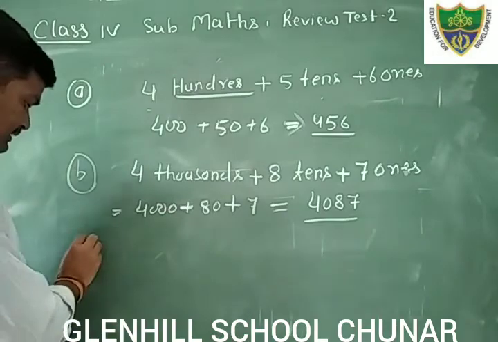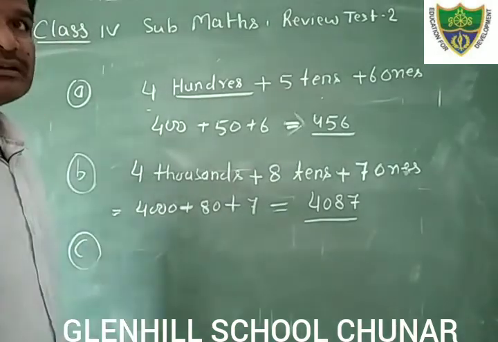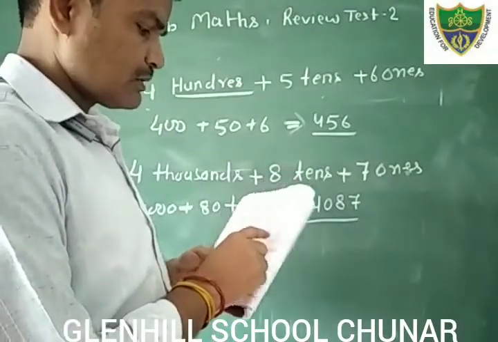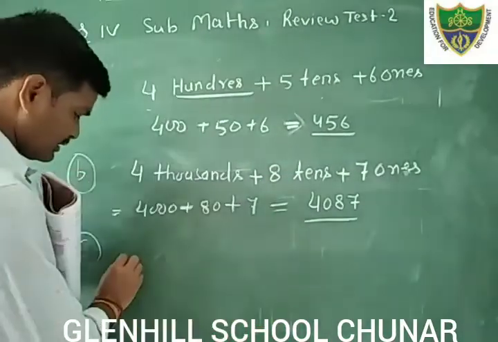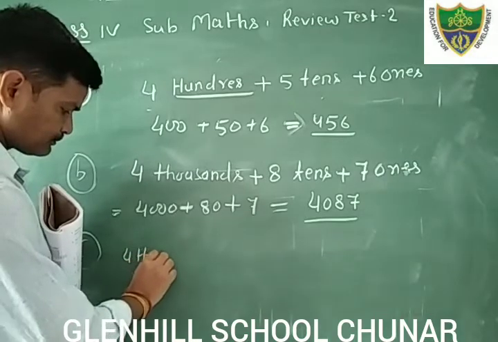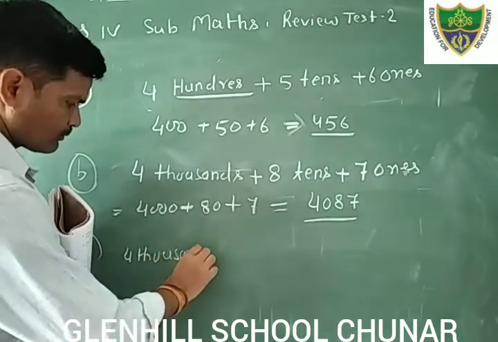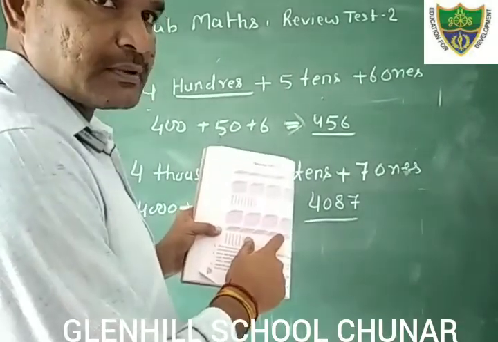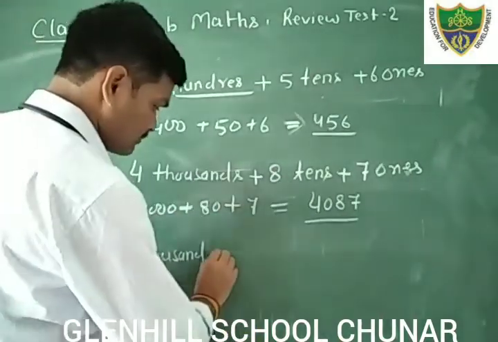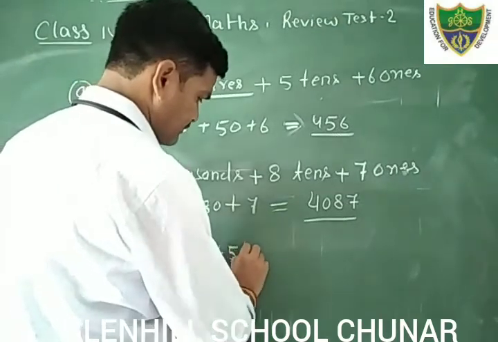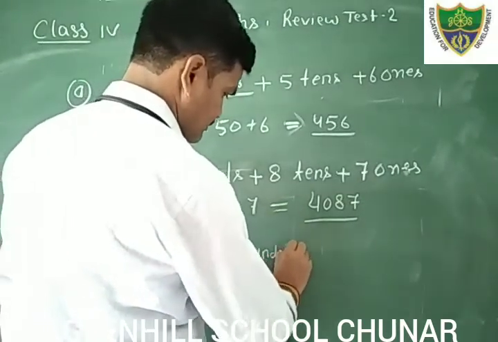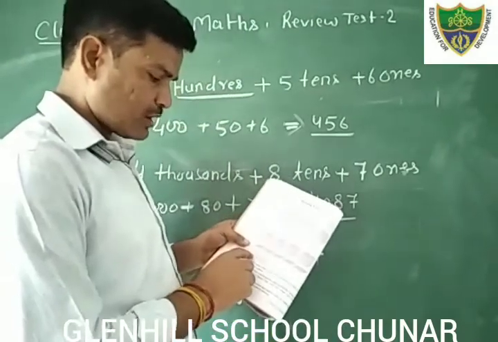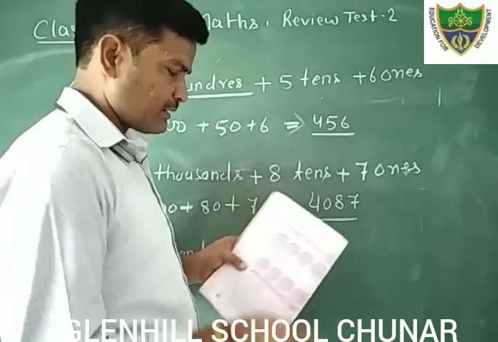Now for the C. In the C, you can observe there are 1, 2, 3, 4, 4,000. How many thousands? 4. And hundreds, 1, 2, 3, 4, 5, there are 500, plus how many tens? 1, 2, 3, 4, 5, 6, 7, 8.